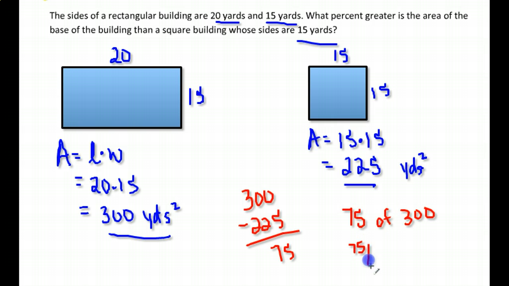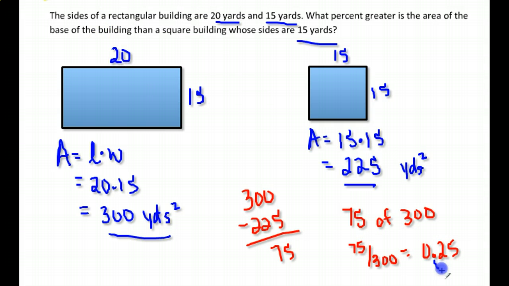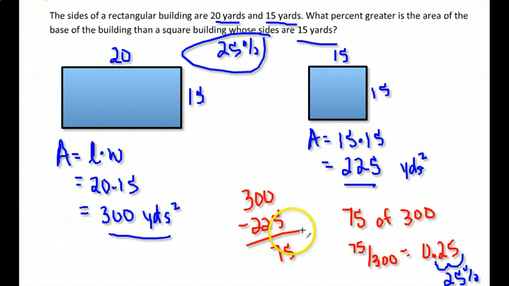So what we do is we take 75 divided by 300 and get 0.025. And all we have to do now is change that to a percent. So we move the decimal 2 places to the right and we get 25%. So the area of the rectangle is 25% larger than the area of the square.